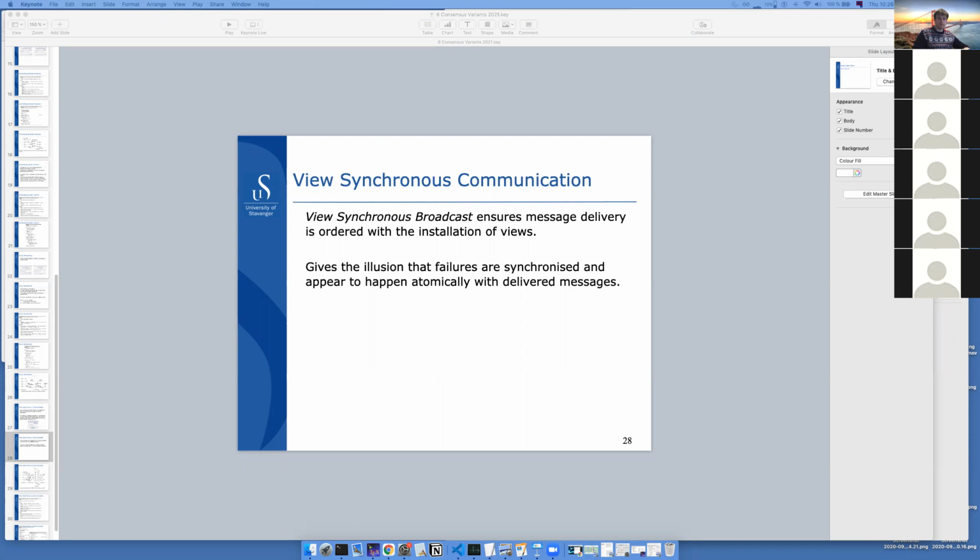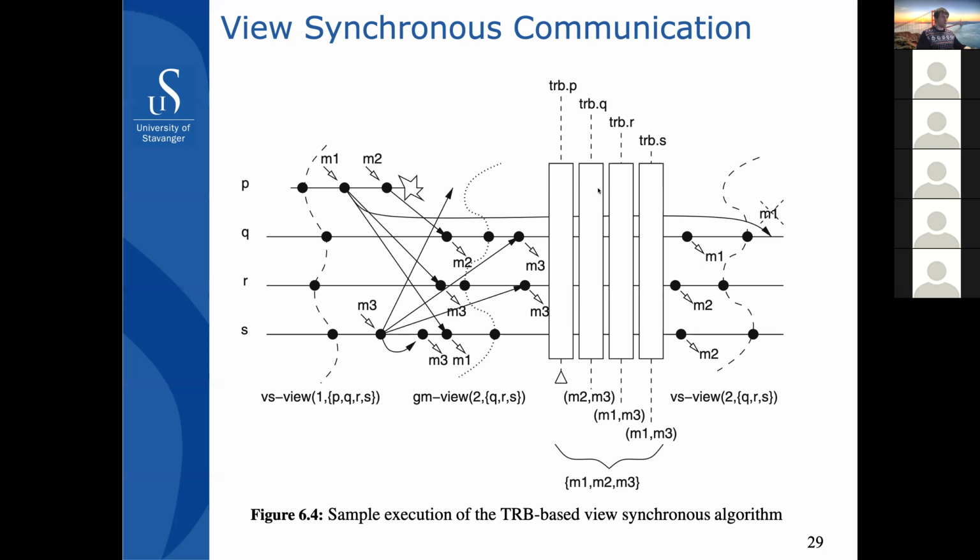Then we have the TRB, terminating reliable broadcast, and they all capture all the messages seen.